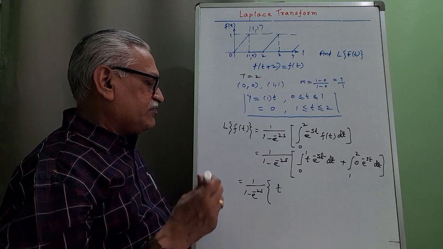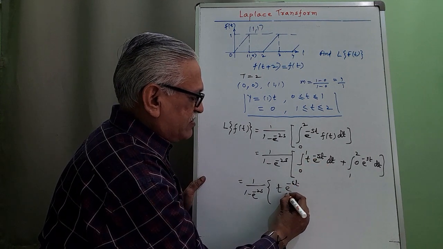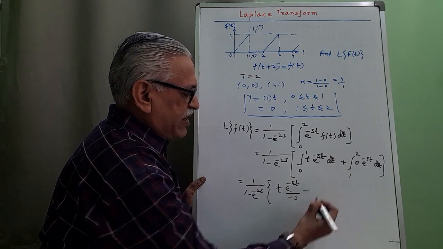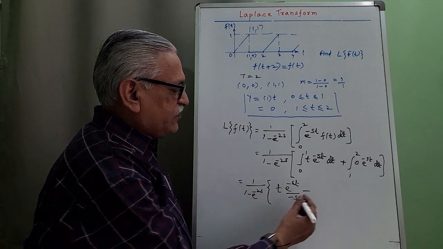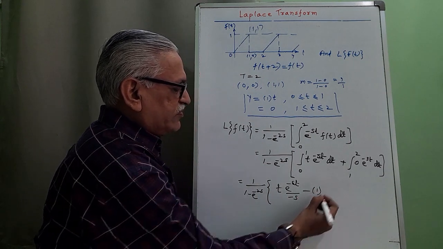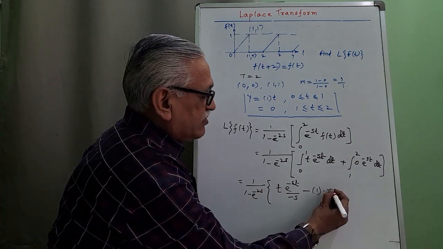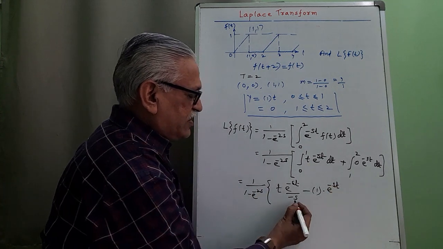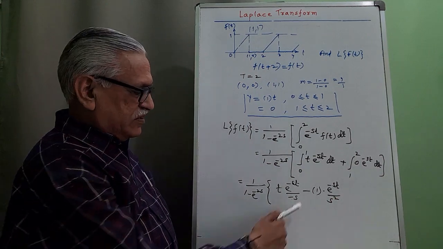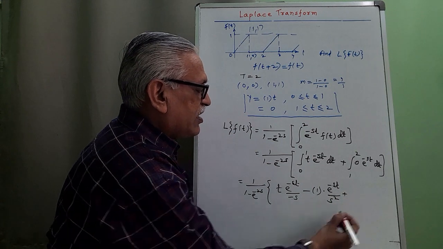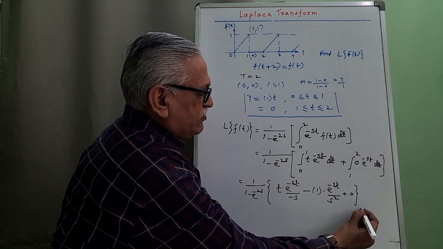Integration of the second term, integration of e raised to minus st is e raised to minus st by minus s, then minus terms alternately positive, negative. Derivative of t with respect to t is 1 into the next integration of this term. Its integration is e raised to minus st upon minus s, and with the previous minus s, it becomes s square. Next plus derivative of the constant term, it is 0, we stop here, and limit from 0 to 1.